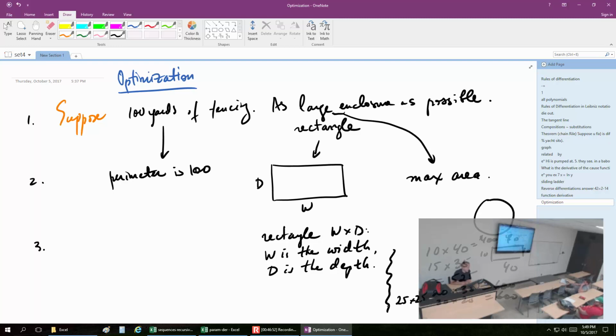But what if now I have 200 yards of fencing? What's the best choice for me? 50 by 50, because it's again a square. And if I now have 1,000 yards of fencing, I also know what it's supposed to be. Once you realize that, you conclude that it should be a square. You're doing mathematics.